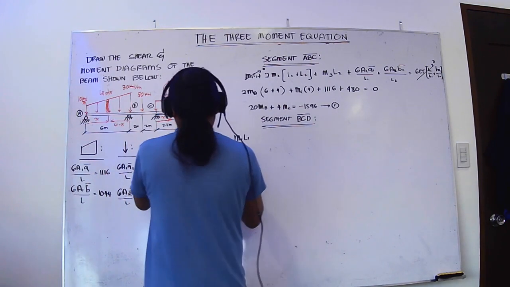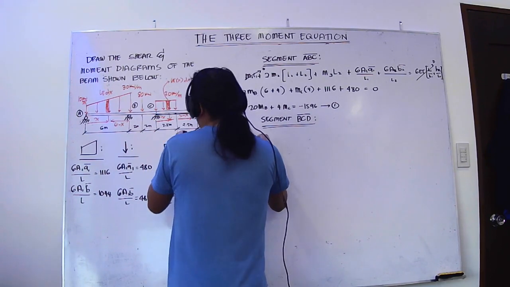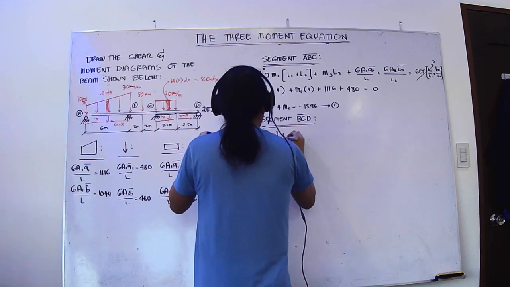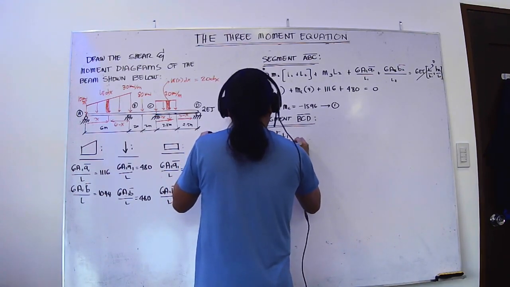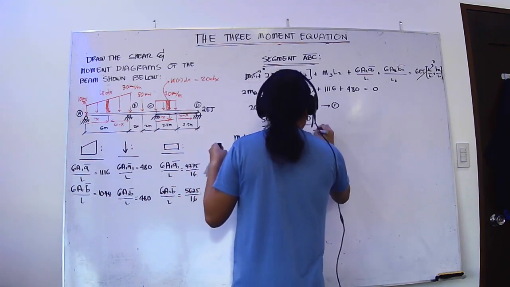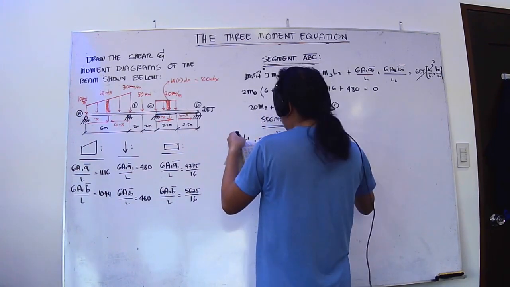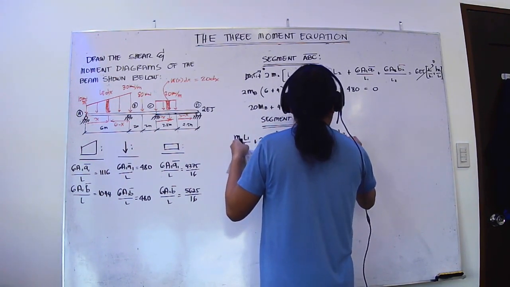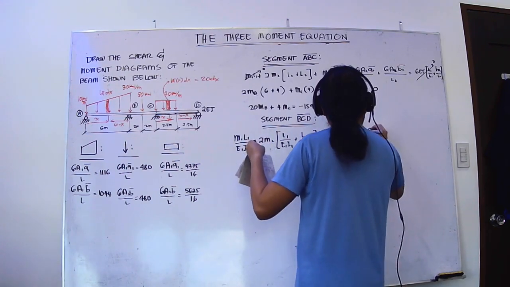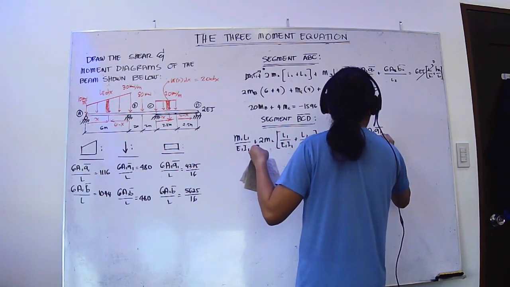M1 L1 over EI plus 2M2 multiplied by L1 over E1 I1 plus L2 over E2 I2 plus M3 L2 over E2 I2 plus 6 A1 a1 over L1 E1 I1.